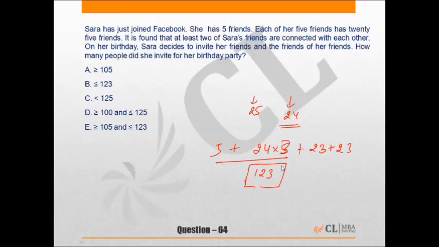In order to find the minimum number of friends, proceeding in the same fashion as we did for getting at least two friends who were connected to each other, the minimum number of friends that Sarah could have, including her friends of friends, will be less than 100, and none of the options would then come to be true. So the only option that satisfies the given figure is option B.